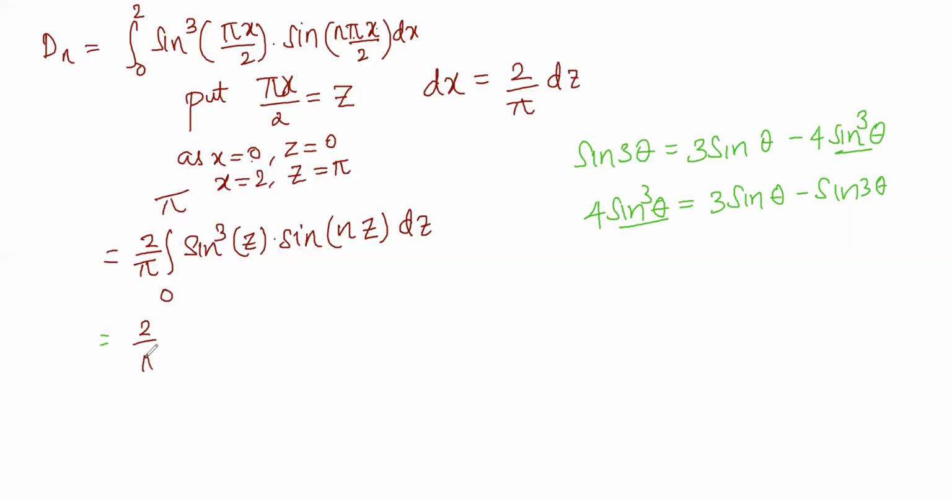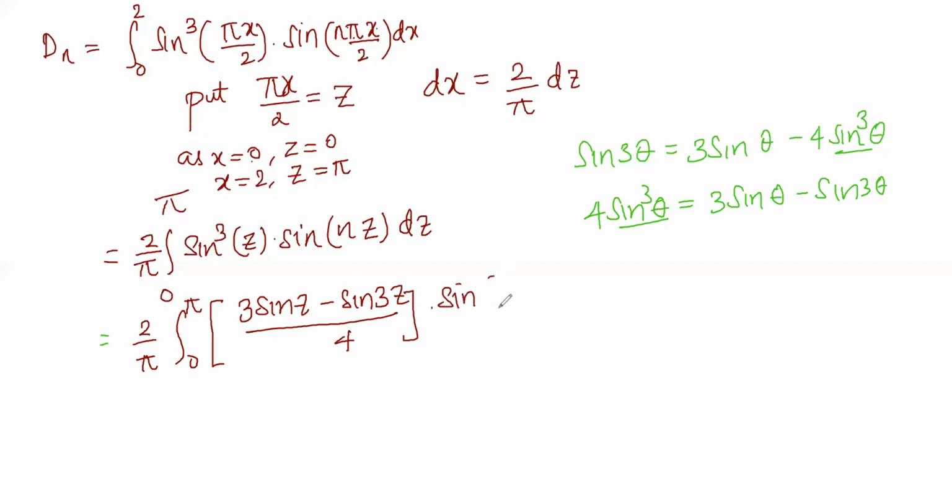So I'm getting 2 upon pi, then integral 0 to pi, and the sine cube z part will become 3 sine z minus sine 3z upon 4 times sine n z dz. Now I'll simply separate the terms.